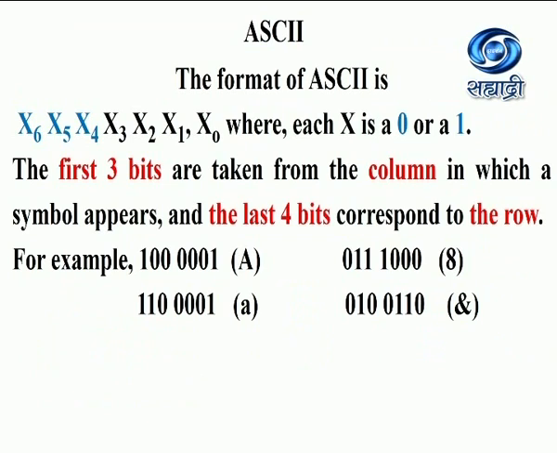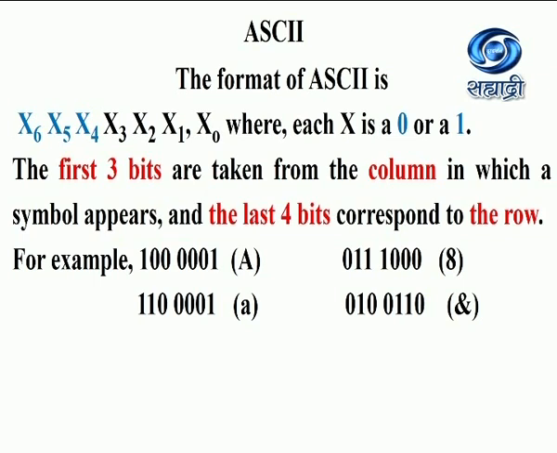The format of ASCII is x6, x5, x4, x3, x2, x1, x0, where each x is a 0 or a 1. The first 3 bits are taken from the column in which a symbol appears, and the last 4 bits correspond to the row.